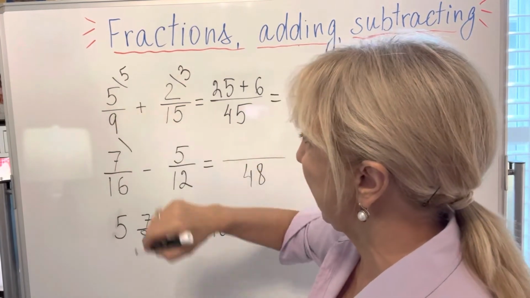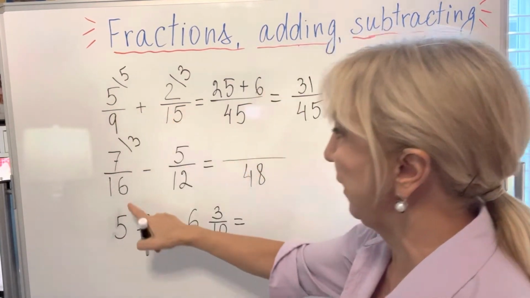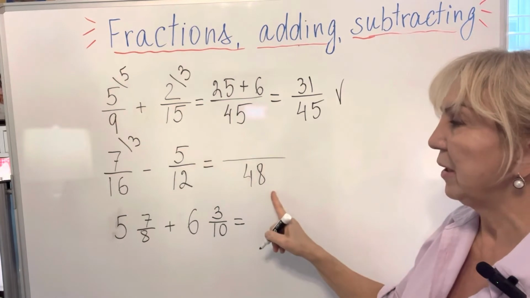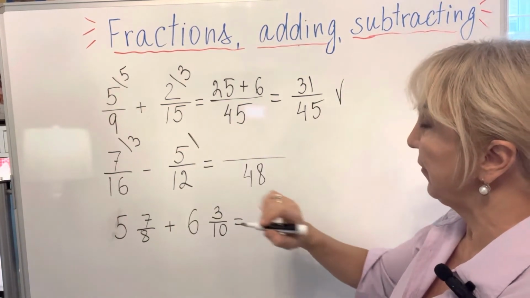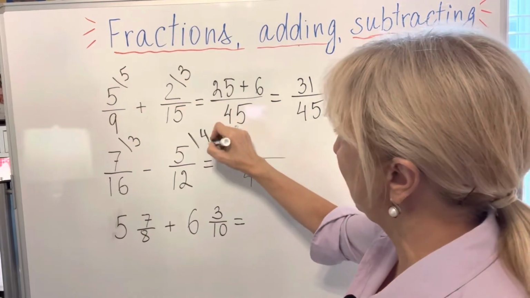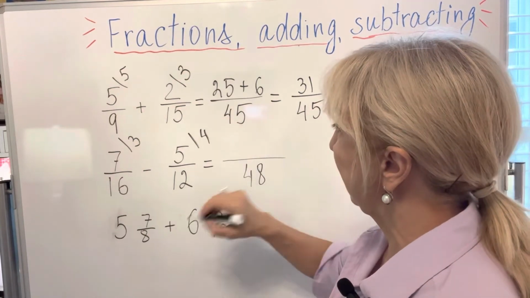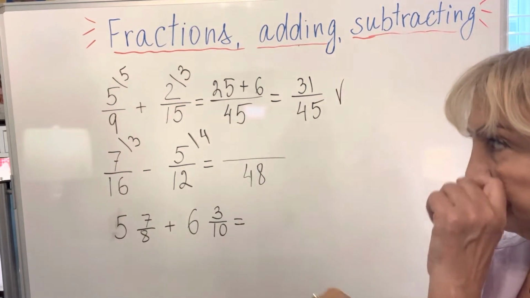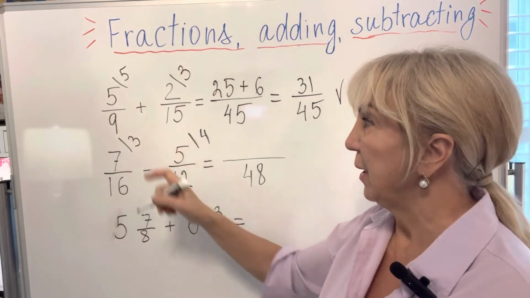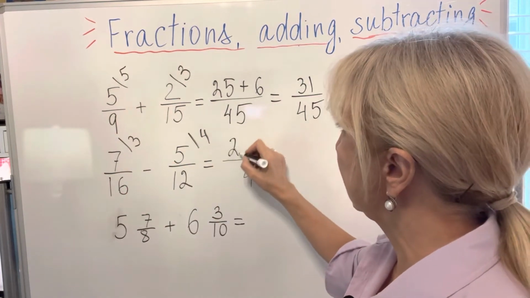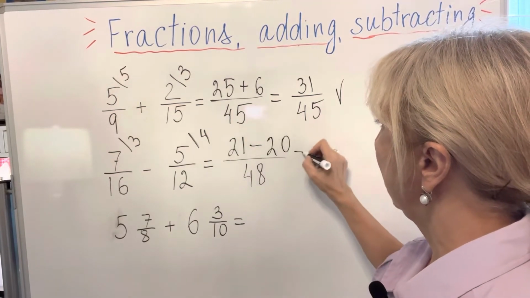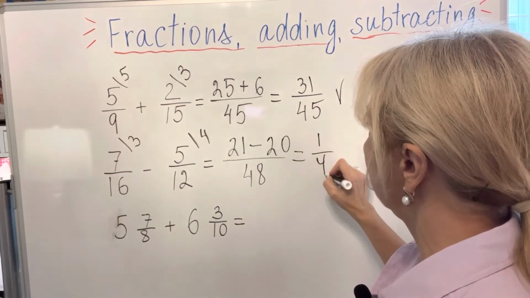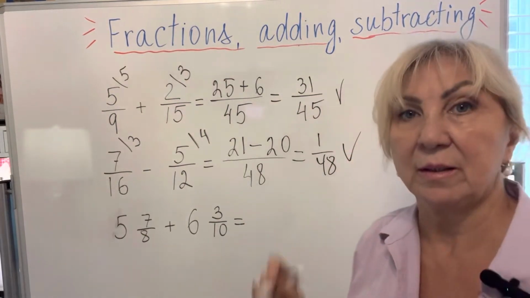The first fraction we multiply by 3, because 16 times 3 is 48, and the second fraction by 4, because 12 times 4 is 48. Now working with numerators, 7 times 3, 21, minus 20. And there is our final answer. You see how easy it is.